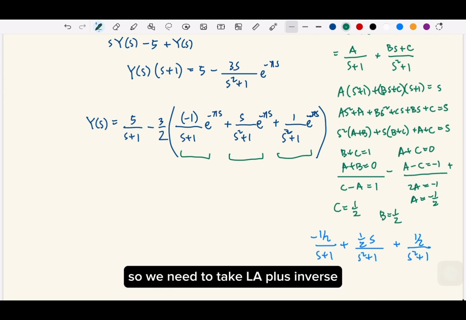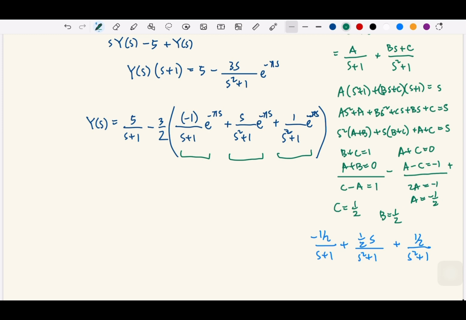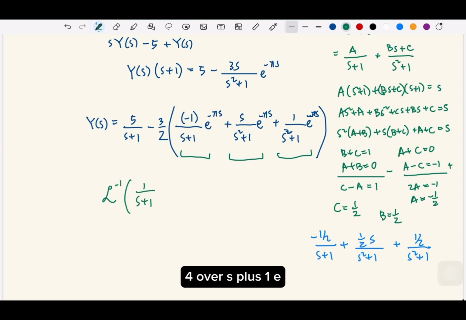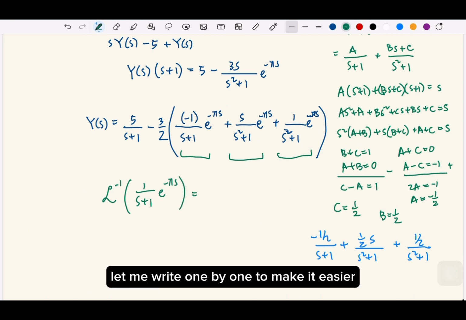So we need to take Laplace inverse, okay, for each one of them. So Laplace inverse for 1 over s plus 1 e. I think let me write one by one to make it easier.